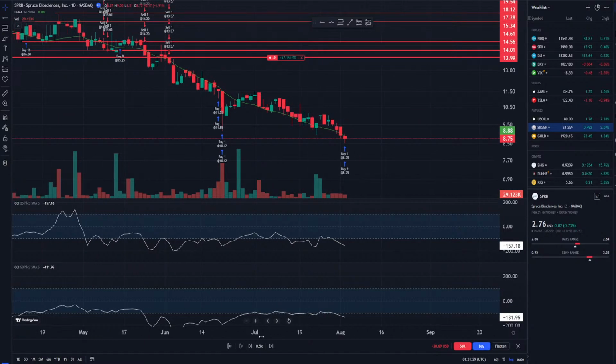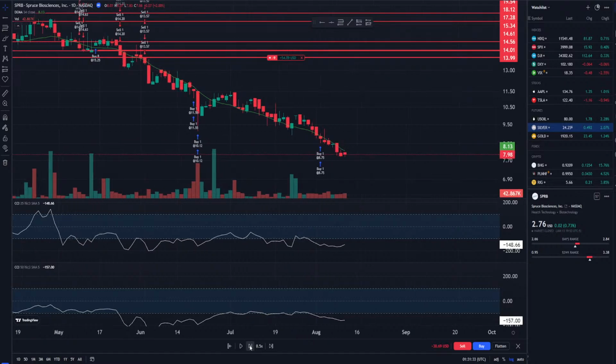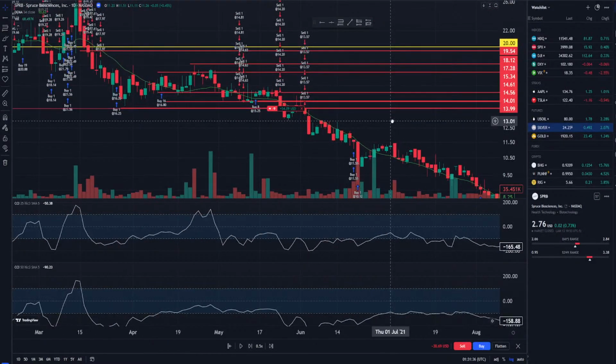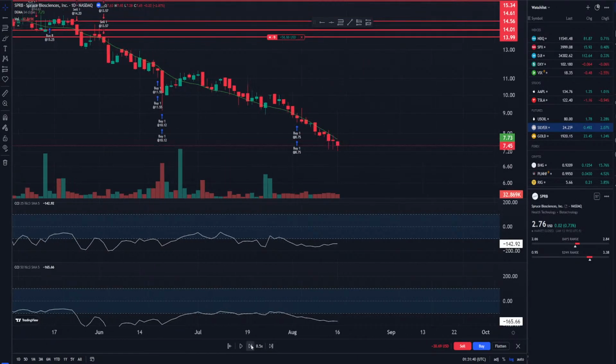Let's take a little bit of profit right there. How much of this position do I have left still? I still have 9 left on this short. Let's take a little bit of profit right there.